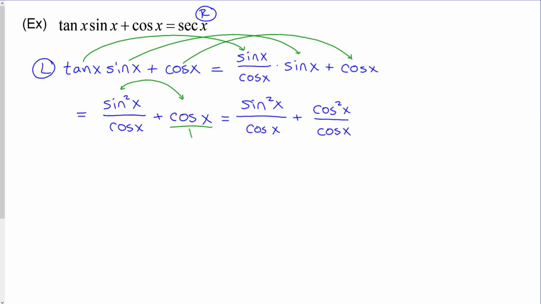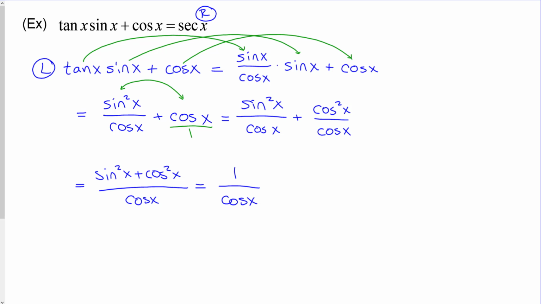Once you have fractions with the common denominator, you can add their numerators together, put them over that common denominator, and go from there. In the numerator, sine squared x plus cosine squared x is a Pythagorean identity, which is equal to 1.